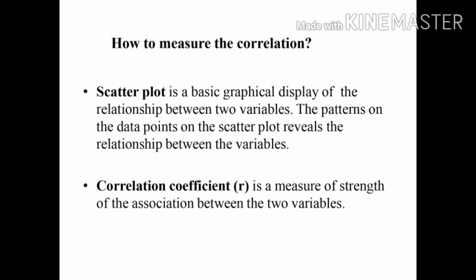A scatter diagram visually represents the nature of the association without giving any specific numerical values. A numerical measure of the linear relationship between two variables is given by Karl Pearson's coefficient of correlation. A relationship is said to be linear if it can be represented by a straight line.